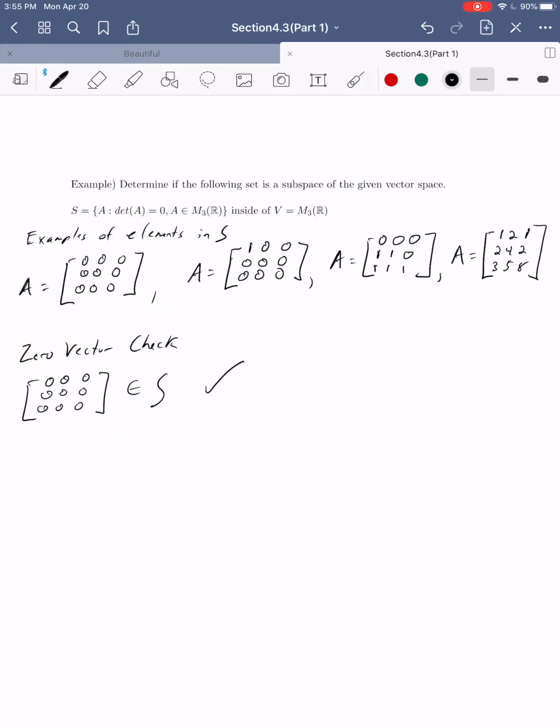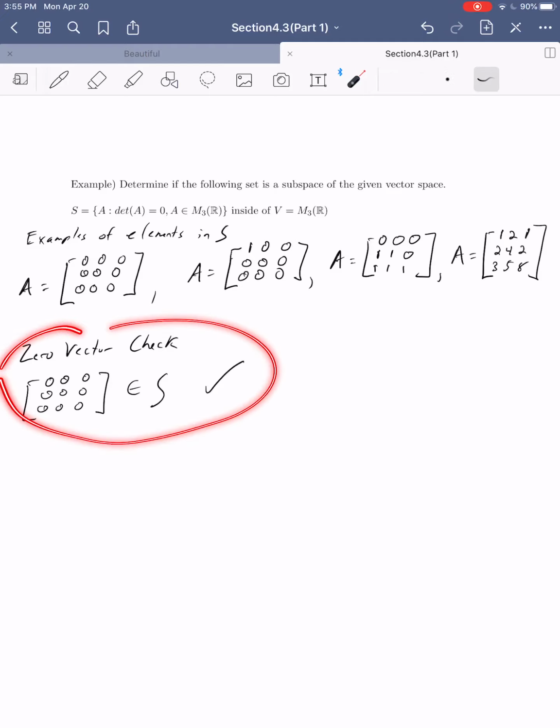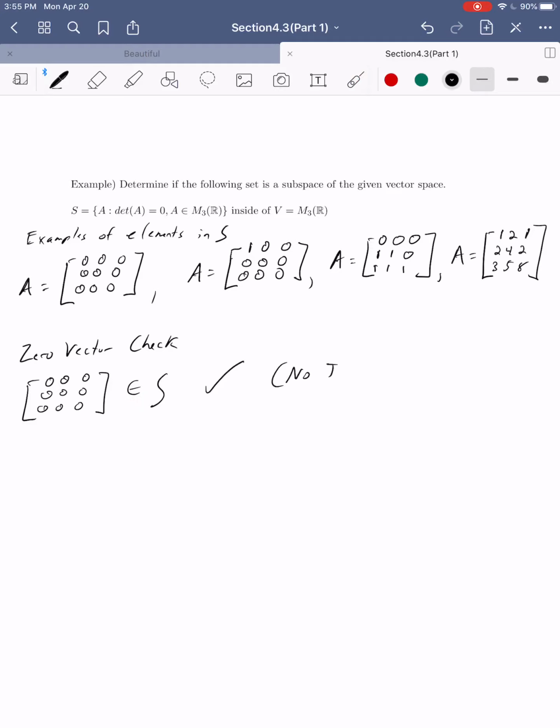The zero vector is in there, so this thing could be a subspace. It doesn't tell us that it is a subspace, and it doesn't tell us that it isn't. This zero vector check sort of failed because the zero vector is in there, so we get no information.